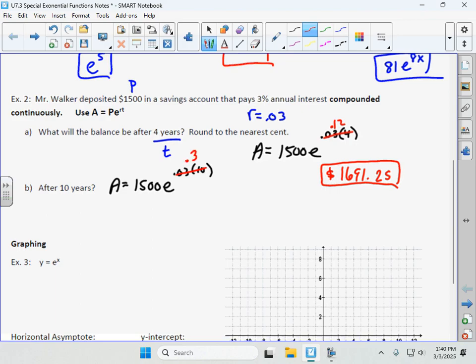Now we can put that in the calculator, 1500 times e raised to the 0.3 power. After 10 years, it looks like there's going to be $2,024.79.